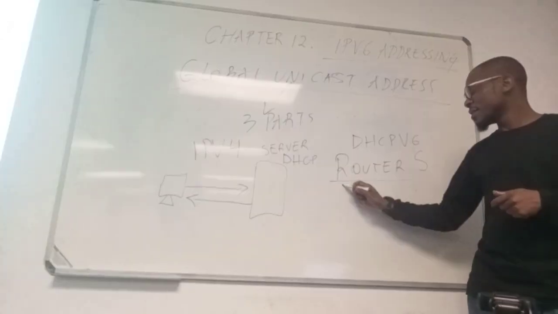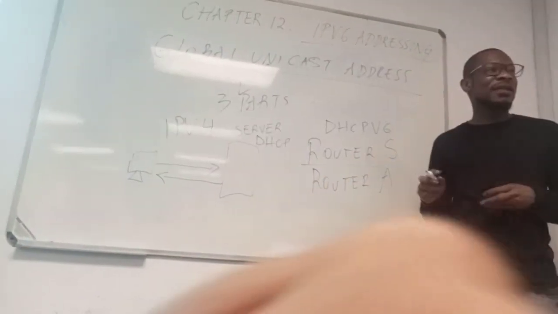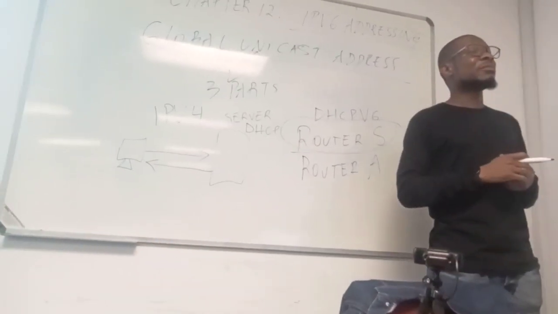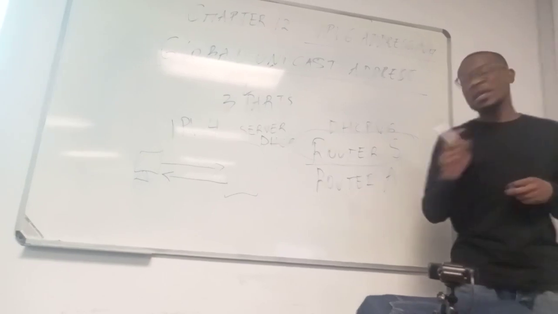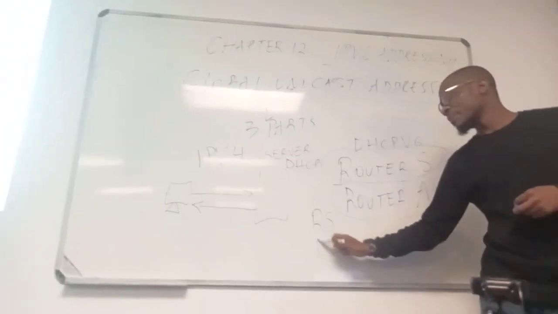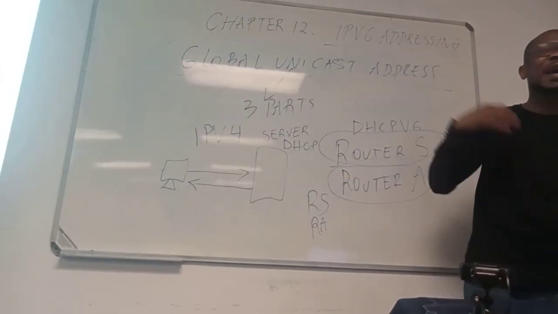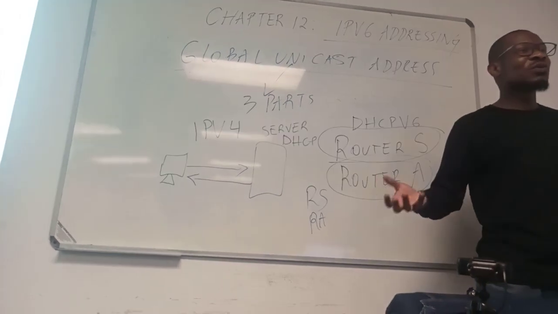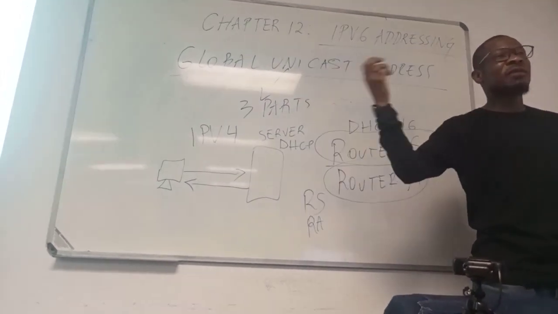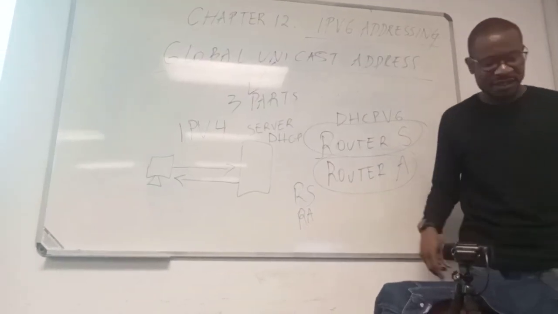When they respond to me, it's a router advertisement. RS and RA. So for you to get an IP address, you have to solicit, you have to ask, and the device that assigns it to you does so through router advertisement.